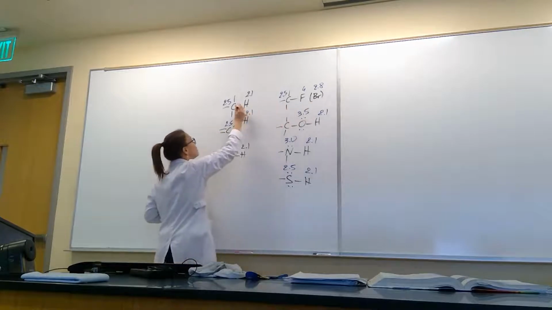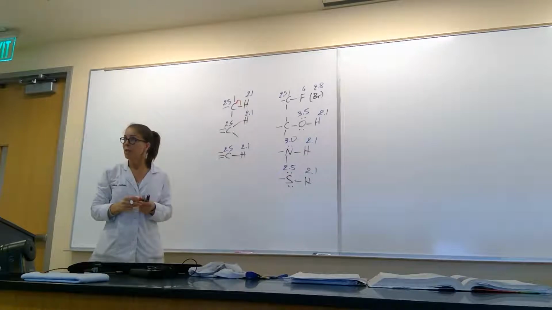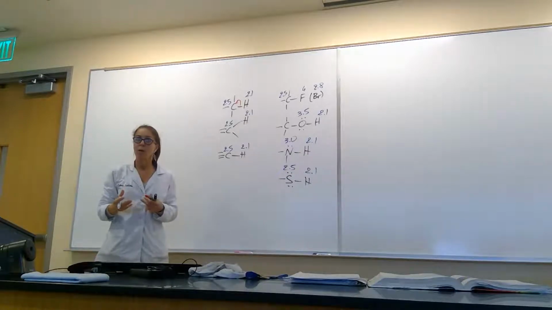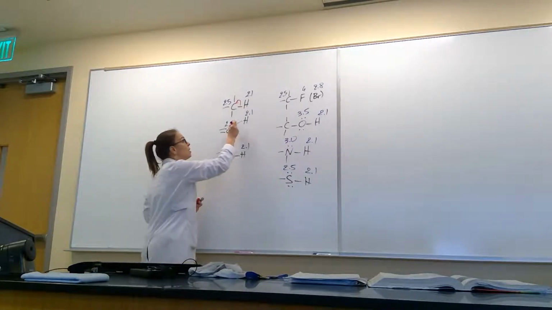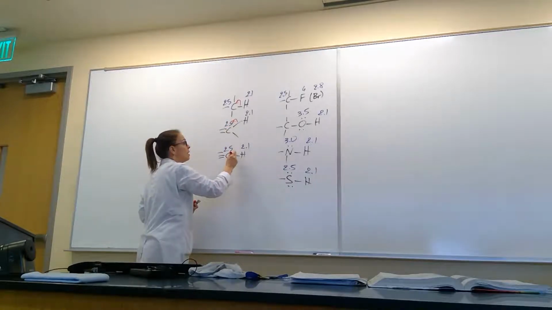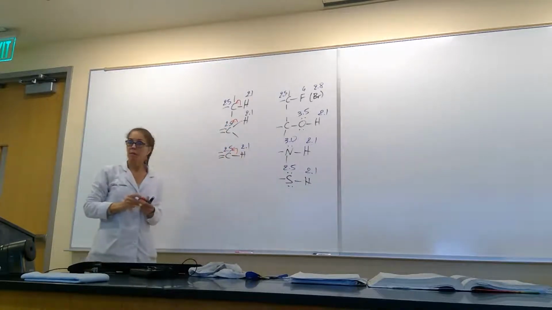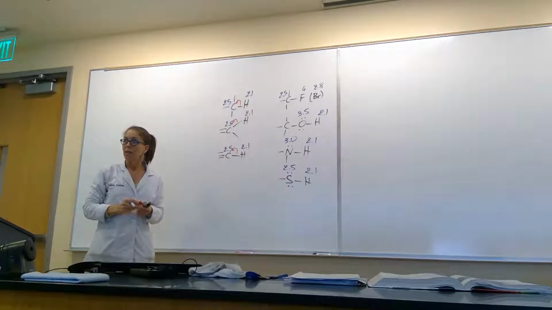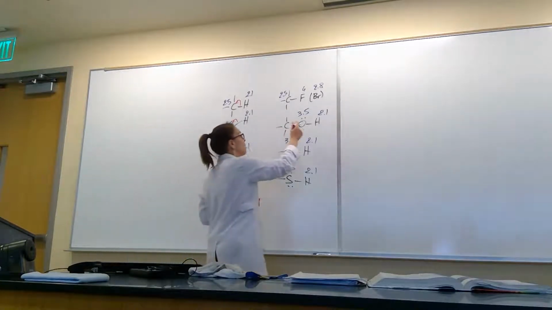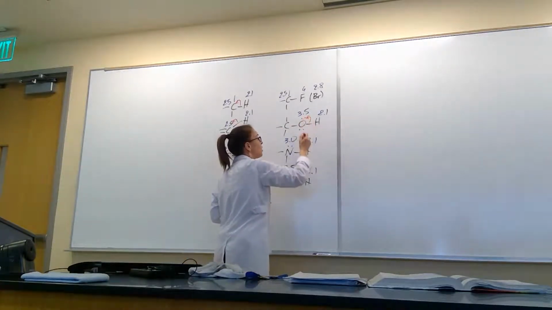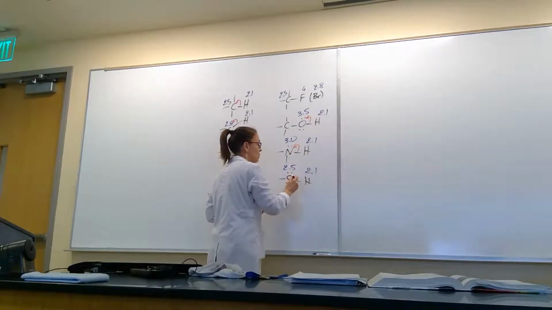Here, if it breaks, the carbon takes the pair, do you see? Because it's more electronegative. This also, the carbon takes it. This also, the carbon takes it. Is everybody seeing this? In here, the oxygen will take the pair. In here, the nitrogen will take the pair.